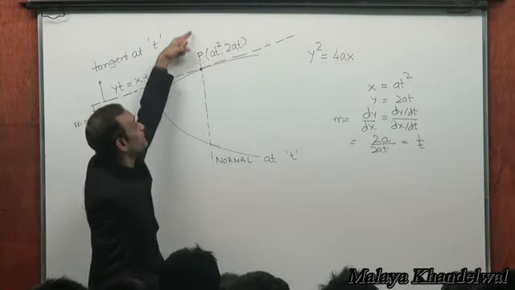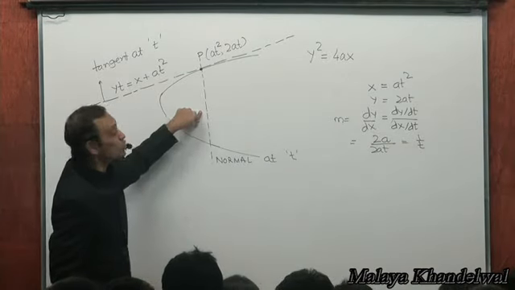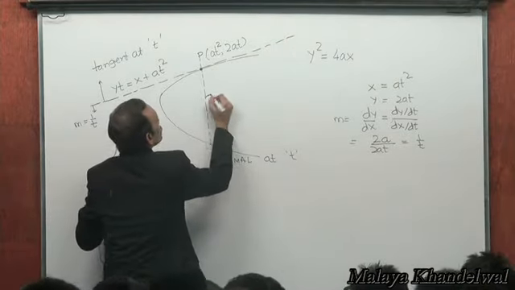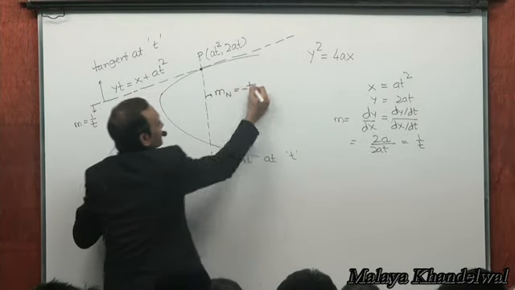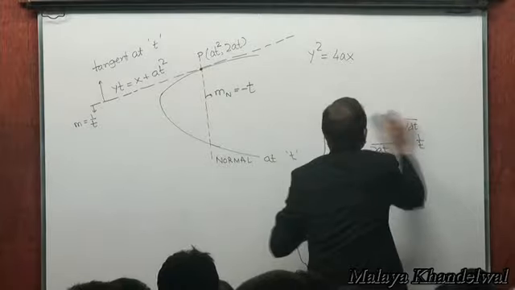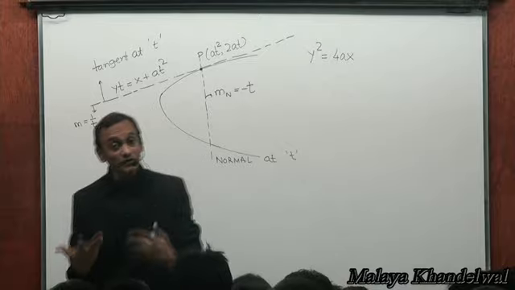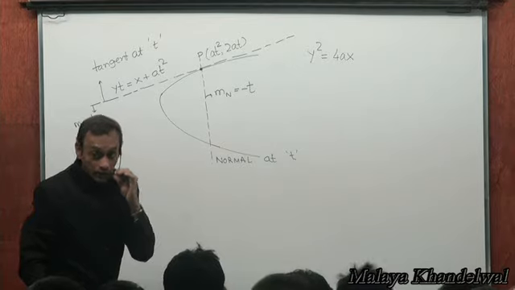Now, since this is perpendicular to the tangent, if the slope of the tangent is 1 by t, what would be the slope of the normal? Minus t. The slope of the normal, therefore, is minus t. Now, this gives us ample opportunity to obtain the equation of the normal. I know a point on the normal, and I know the slope of the normal at t, right?